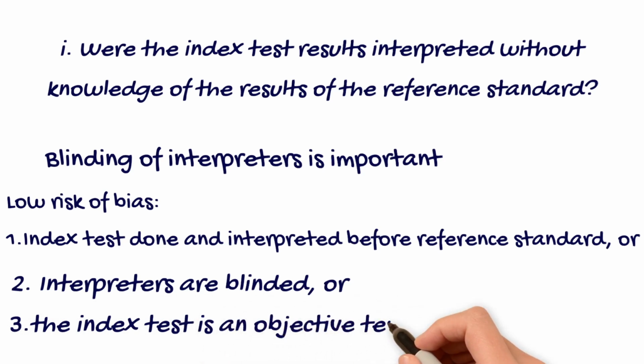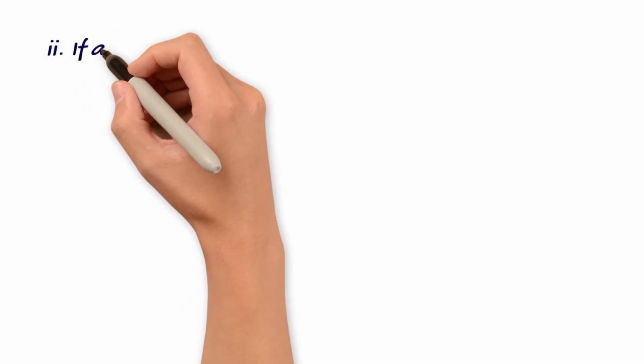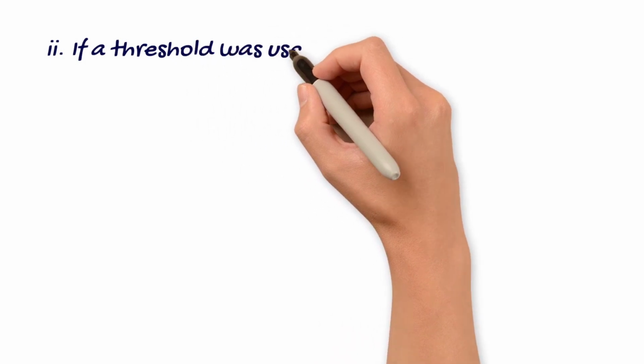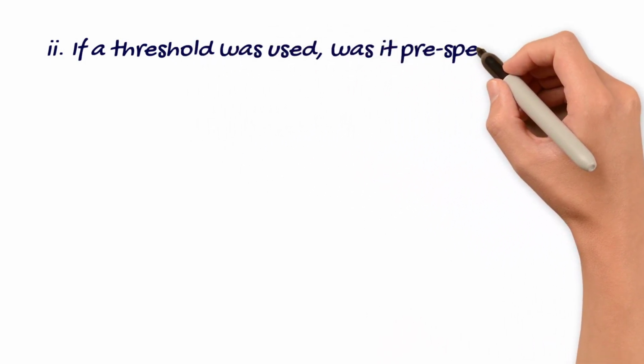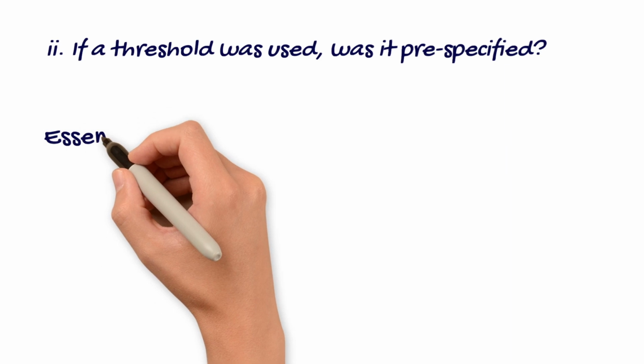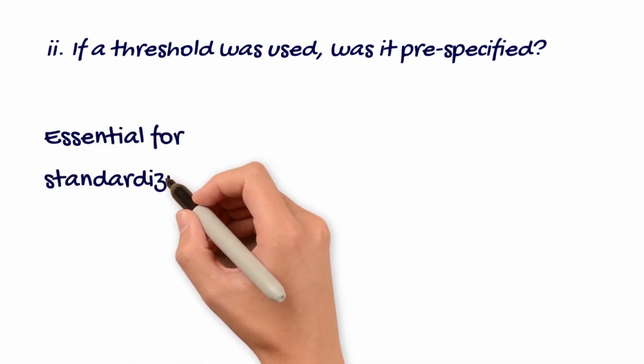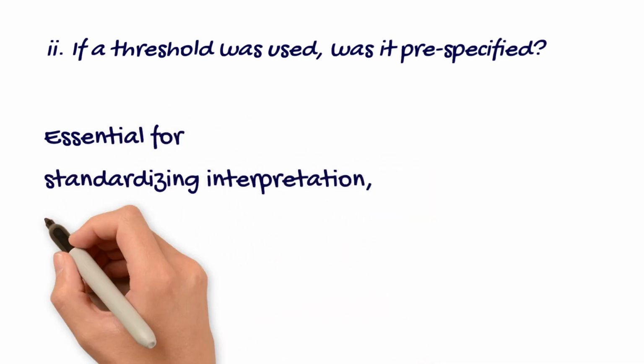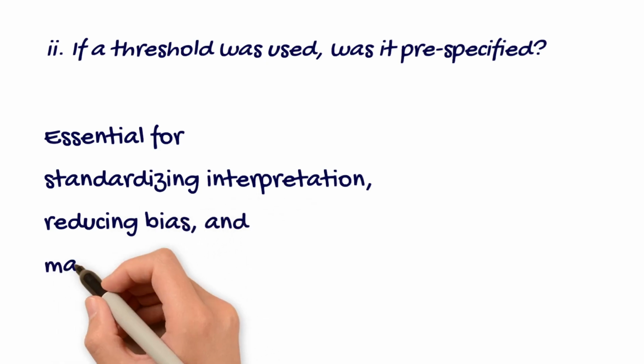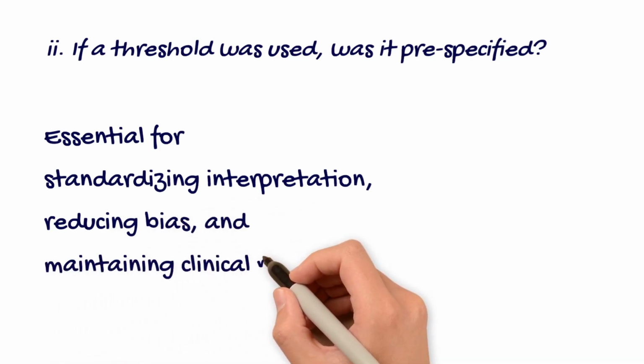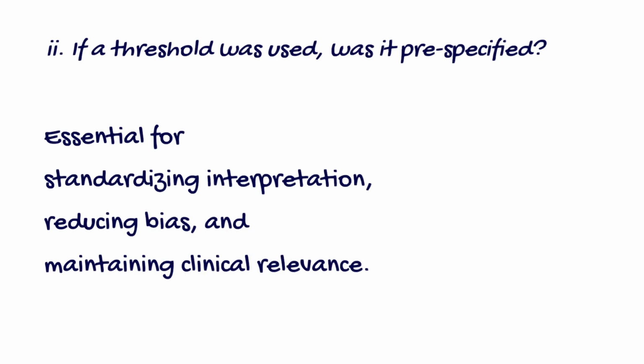Question 2. If a threshold was used, was it pre-specified? Pre-specifying the threshold in a diagnostic study is essential for standardizing interpretation, reducing bias, and maintaining clinical relevance. When researchers set the threshold before looking at the results, they are less likely to change it based on what they find.